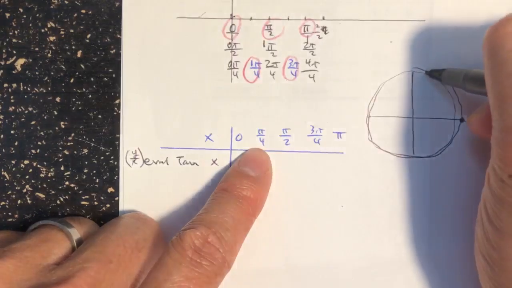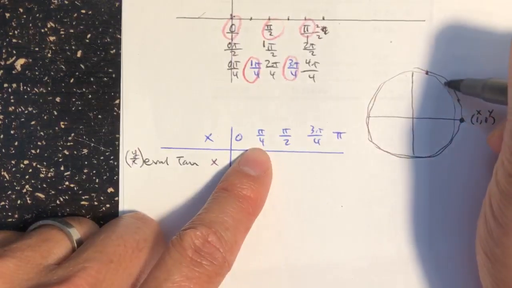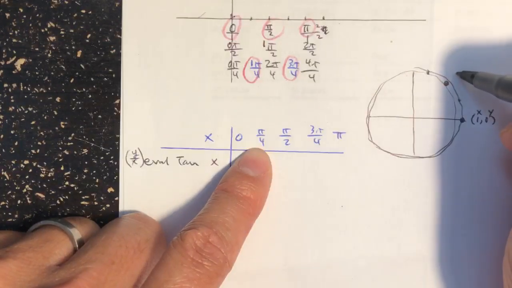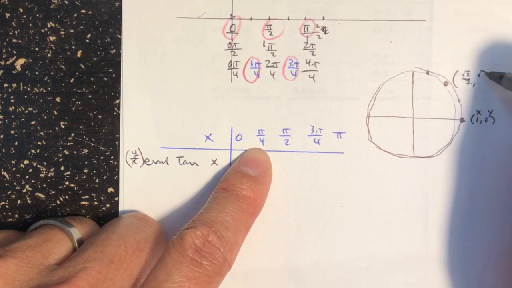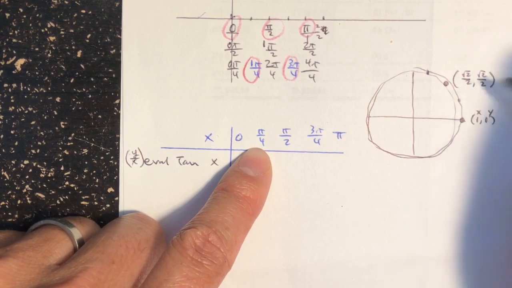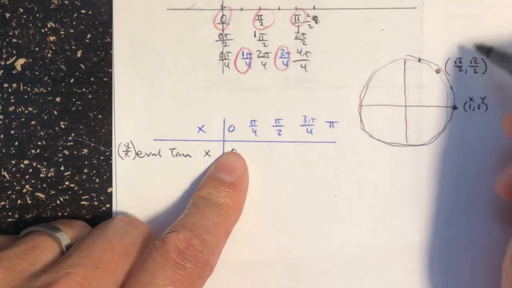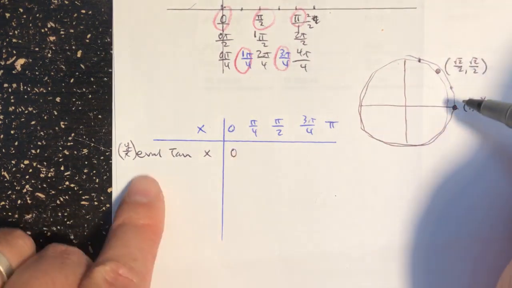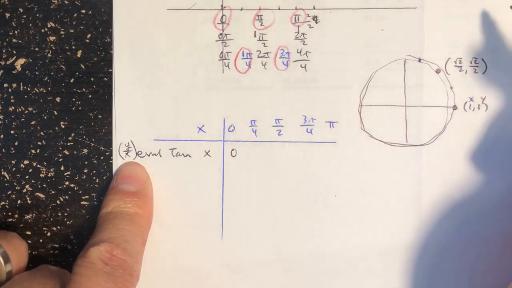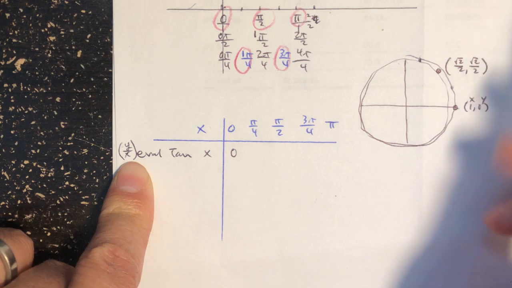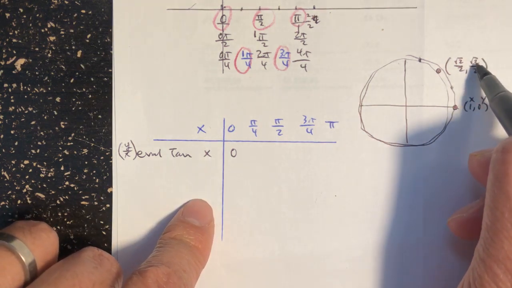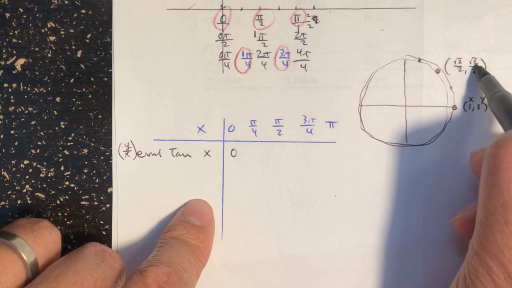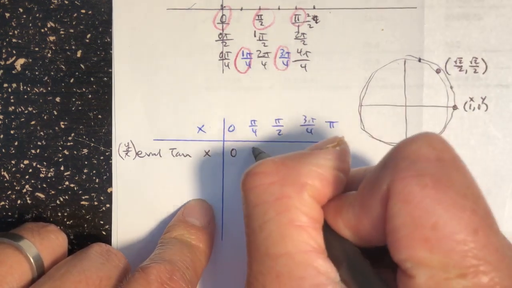At pi over 4, the ordered pair is radical 2 over 2, radical 2 over 2. Again, y over x, so radical 2 over radical 2 is 1.